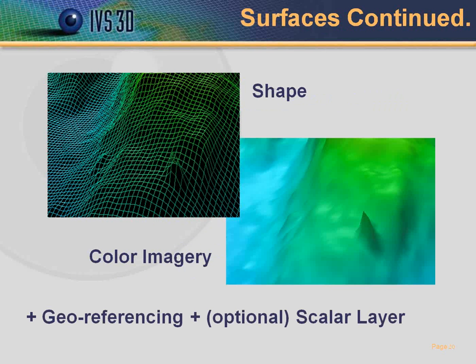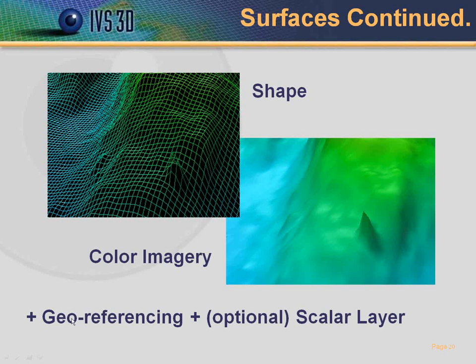The most important aspects of a surface is that they contain the two most important layers. They contain shape, that's typically the heights of the data or the depths, and they contain a color imagery layer, which is the illumination or the shading. That's what makes it look like a nice filled surface.